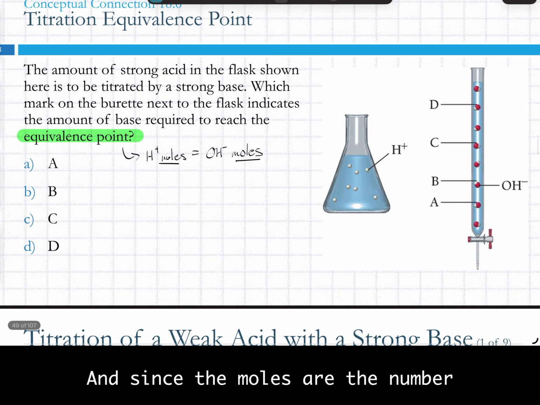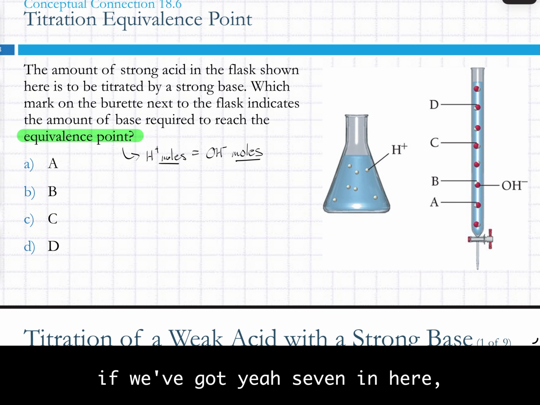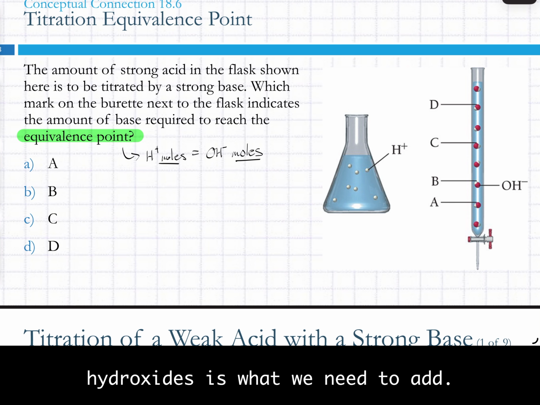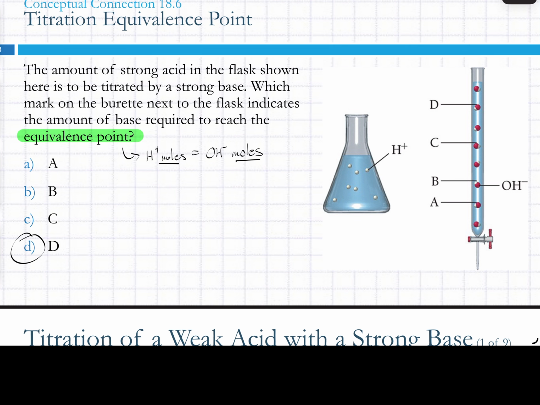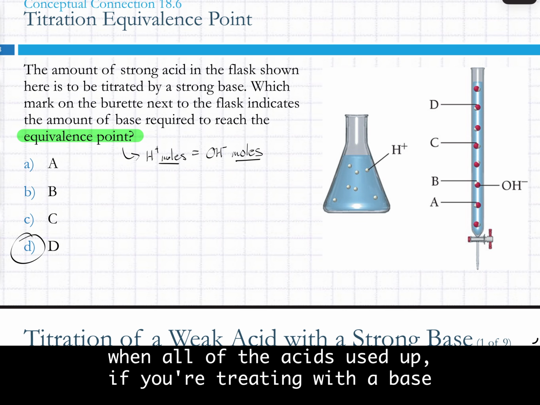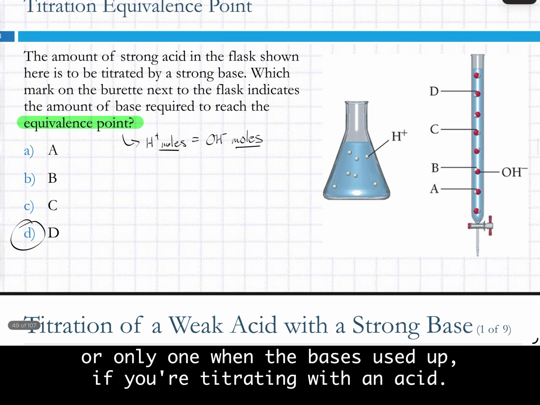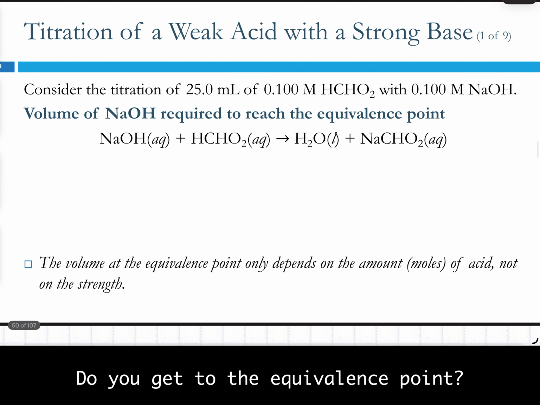And since the moles are the number of actual atoms in our solution, if we've got 7 in here, then 1, 2, 3, 4, 5, 6, 7 hydroxides is what we need to add. So only when all of the acid's used up if you're titrating with a base, or only when the base is used up if you're titrating with an acid, do you get to the equivalence point.